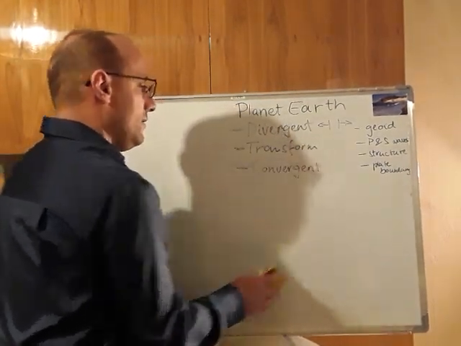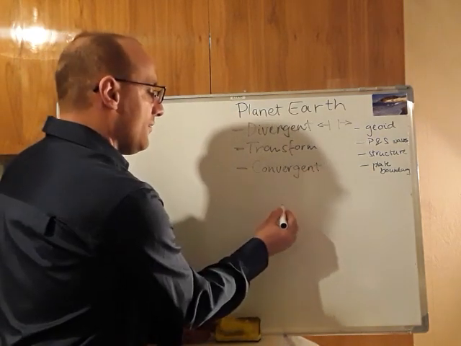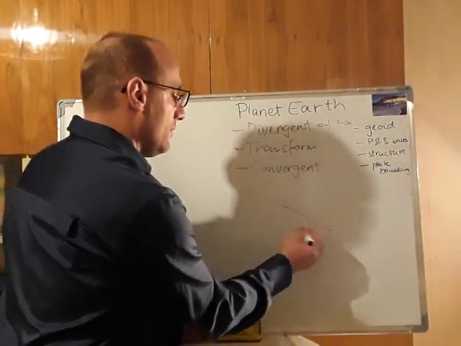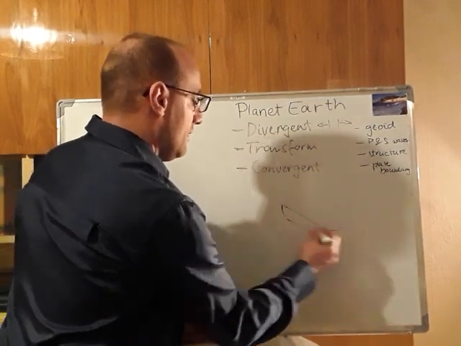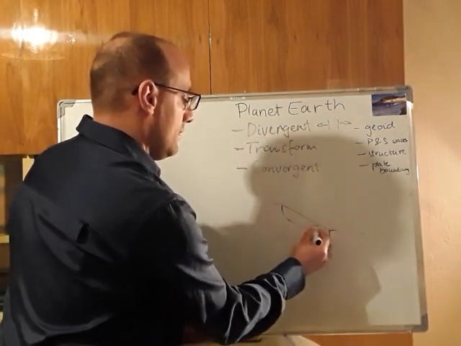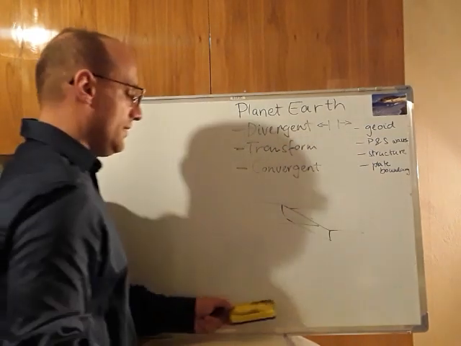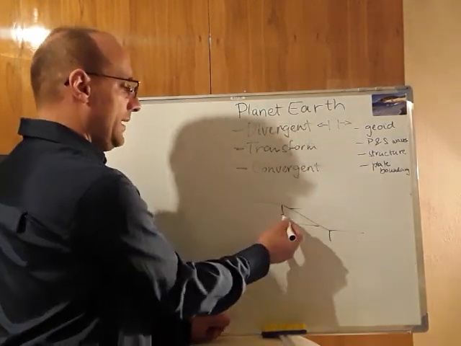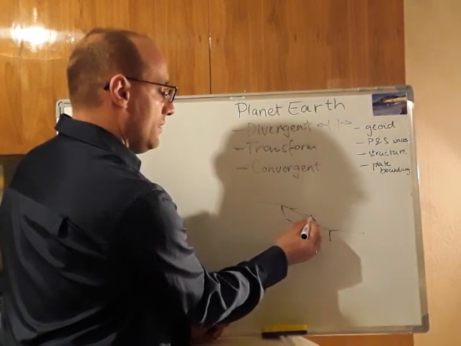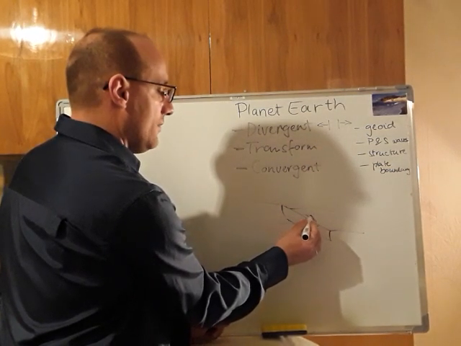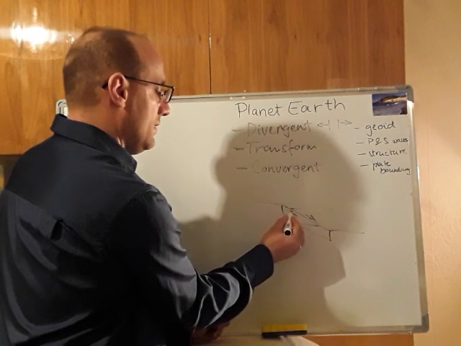We could have transform. We don't have so many explicit and good examples, so this is just a surface look at how we can see different plates moving away from each other but sideways. So that's the transform.